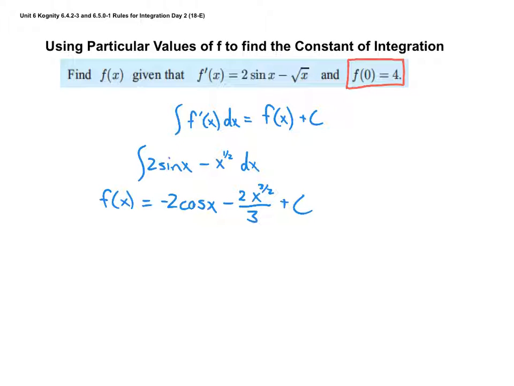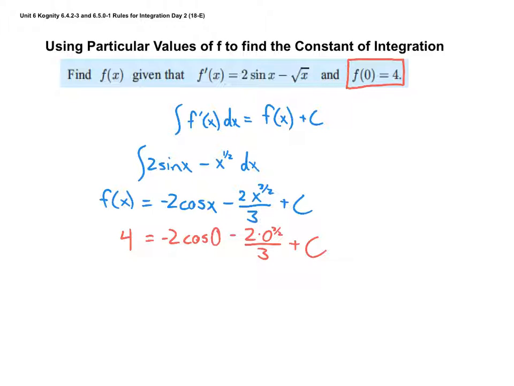So now what we're going to do is say, okay, well, when x is 0, I'm going to have negative 2 cosine of 0 minus 2 times 0 to the 3/2 over 3 plus c, that will equal 4.